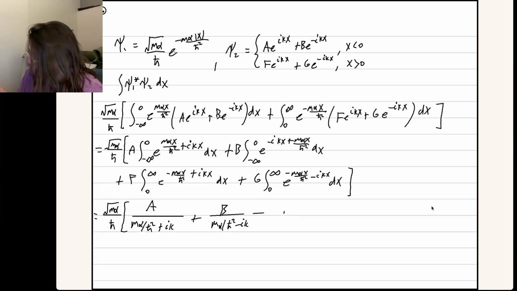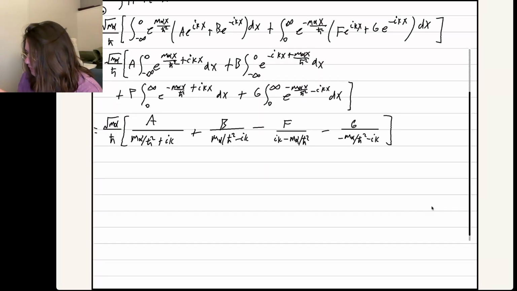And we have minus f over ik minus m alpha over h bar squared, minus g over minus m alpha over h bar squared minus ik.